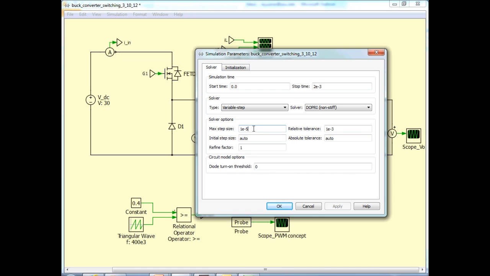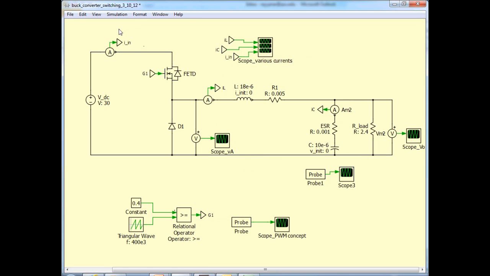So let's change it to a much smaller value, let's say 1e to the minus 7. So what this means is it will take step sizes no larger than this 0.1 microsecond, which is good enough for simulating time periods which are 2.5 microseconds. So let's do that, and start the simulation.